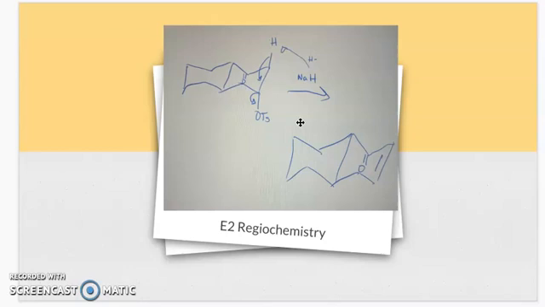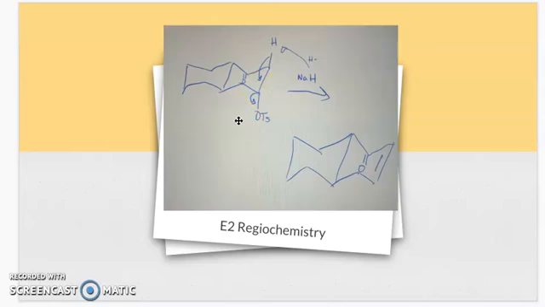So, additionally, it's also important to understand why we're removing a beta proton and not an alpha proton. Here I've switched it to a chair conformation so it's easier to understand why a beta proton is extracted and not an alpha proton, which would be located here.